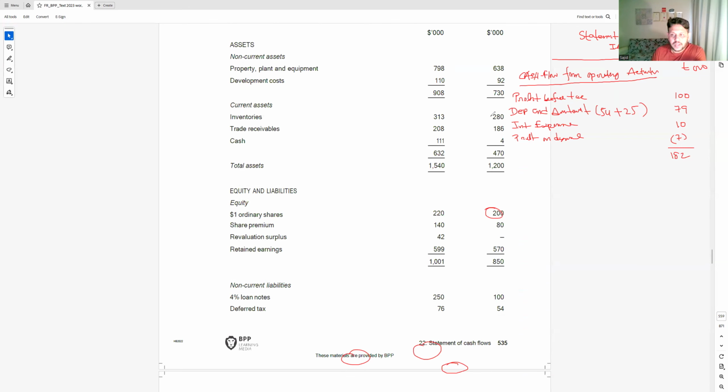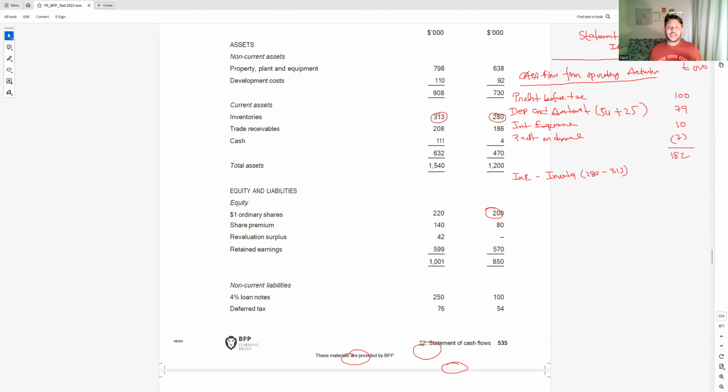Inventories, we have from 280 to 313. So increase, I'm just going to write INC, increase in inventory. Increase is not good. Why?